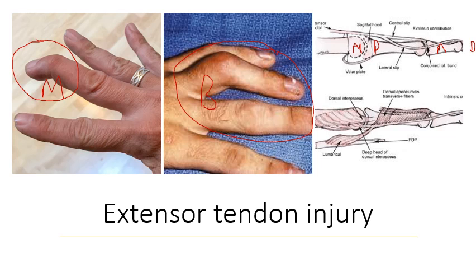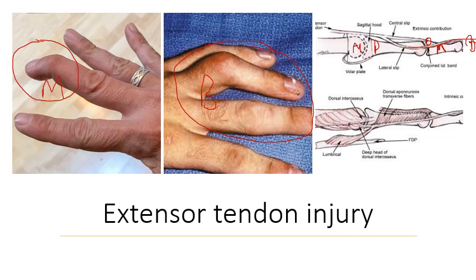Okay, so the central slip attaches at the base of your middle phalanx, and your lateral slip extends here and attaches at the base of the distal phalanx.